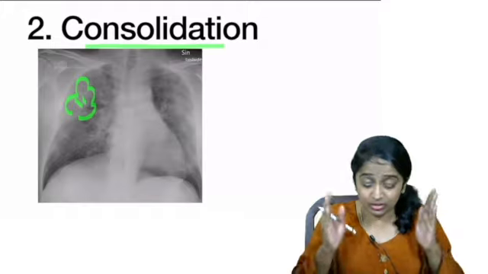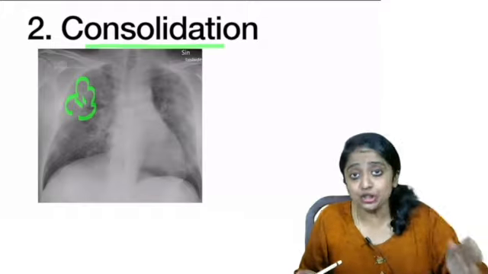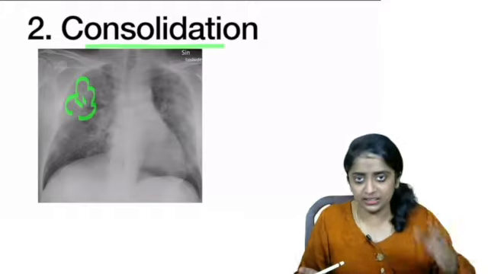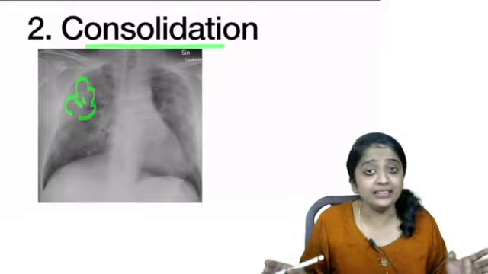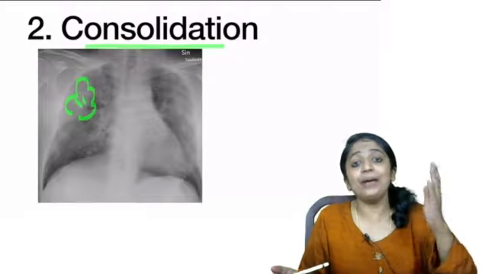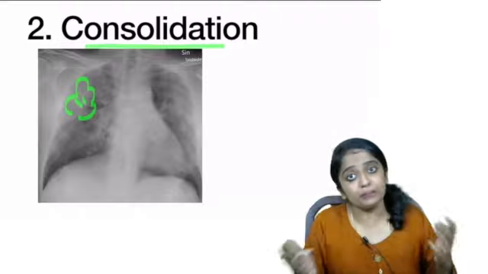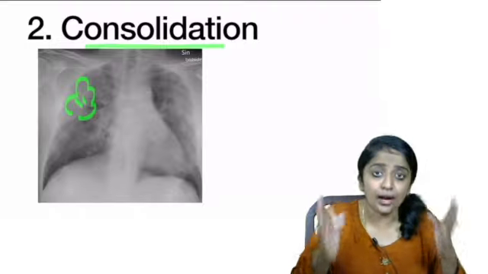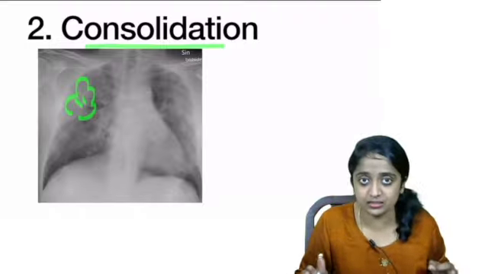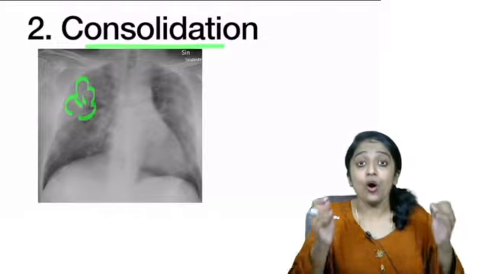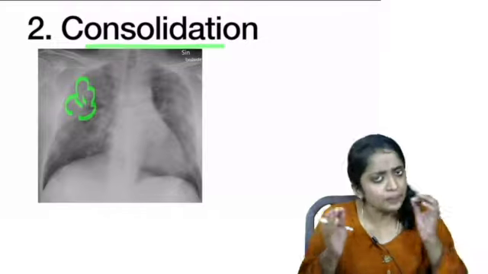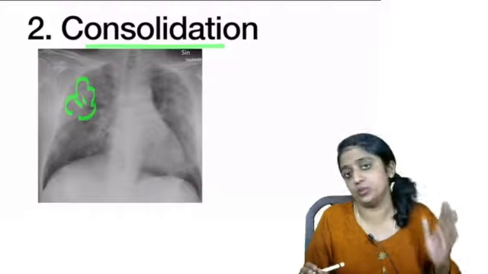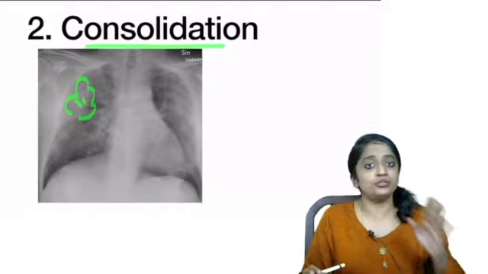So understand that a patient with any sort of infection, bacterial, viral, fungal, anything, can present with consolidation. Or a patient with pulmonary hemorrhage can present with consolidation. A patient with pulmonary contusion after a road traffic accident can present with consolidation. Or a patient even with a tumor, typically the adenocarcinomas, can present with consolidation. So consolidation is not the diagnosis.